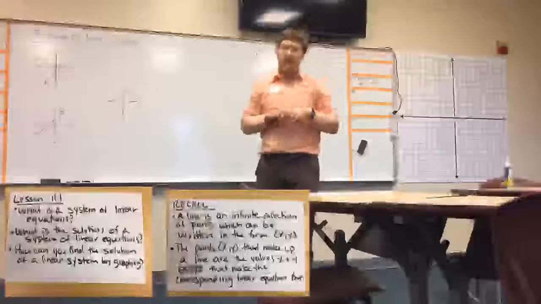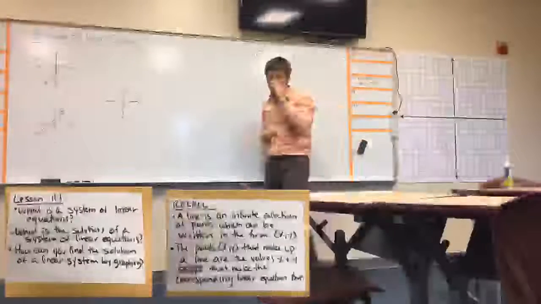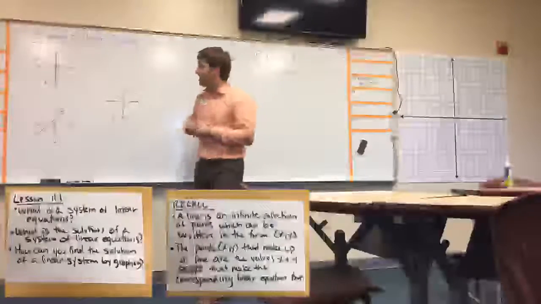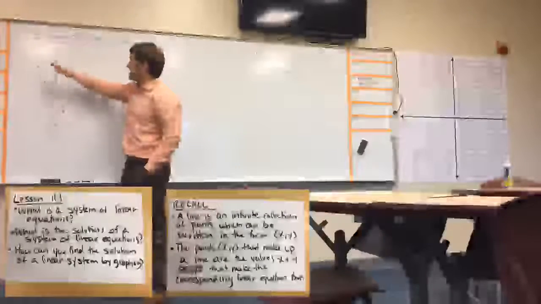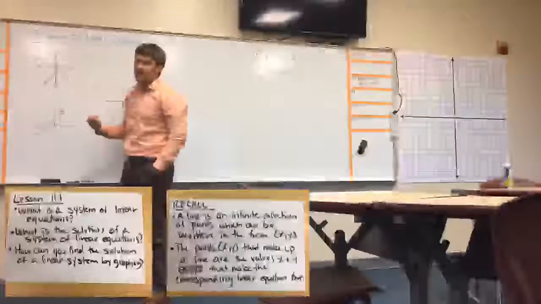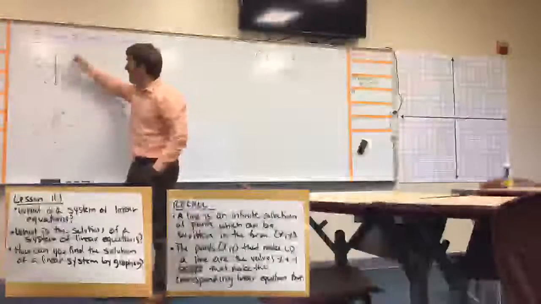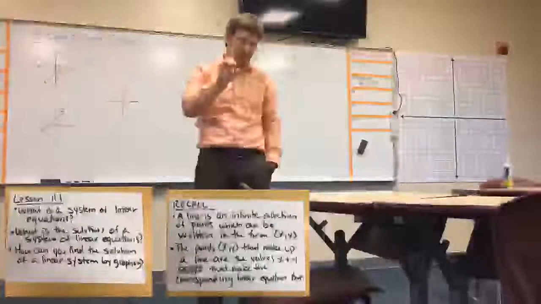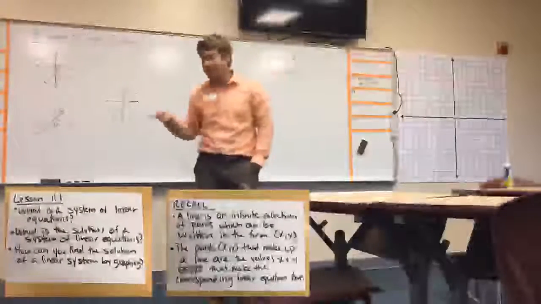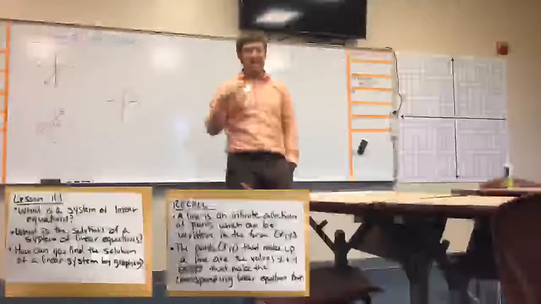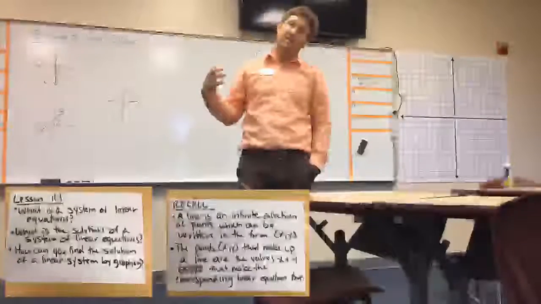Whereas before we were just graphing, now we're looking at systems. The black lines are my axes, these blue lines are my lines from the system, and they intersect at this one point. This type of system is called a consistent independent system.